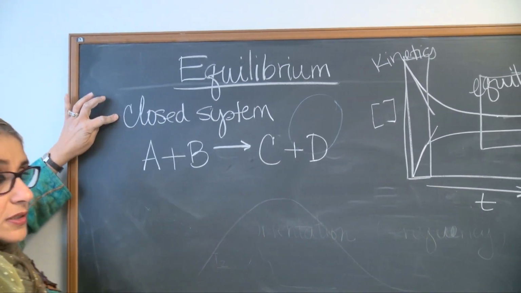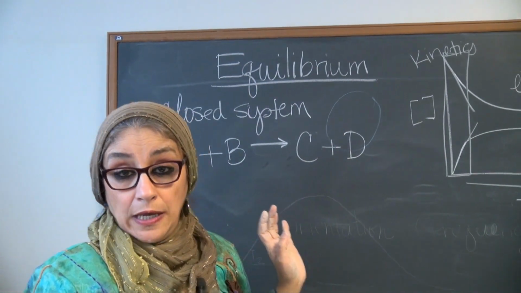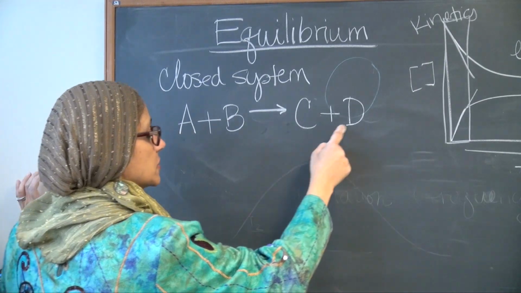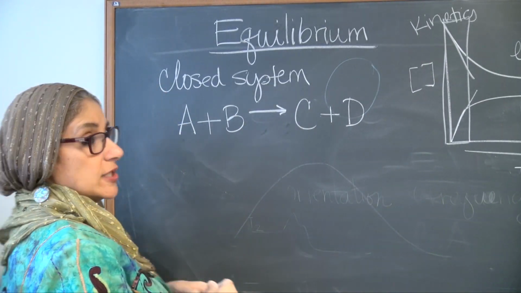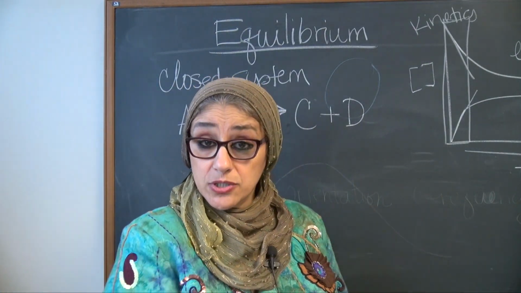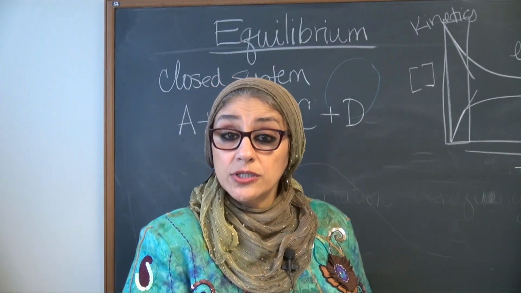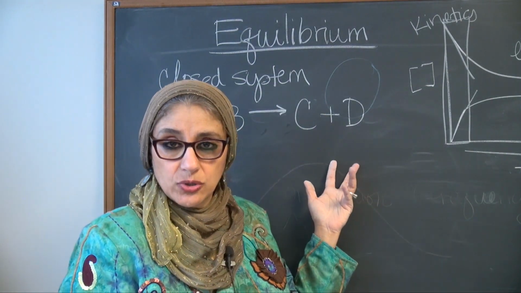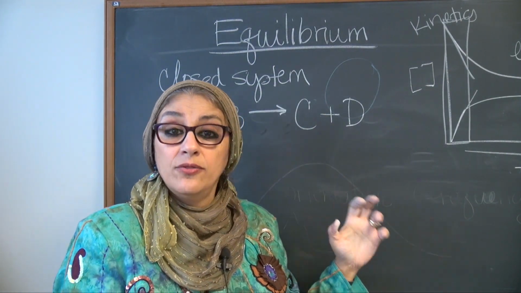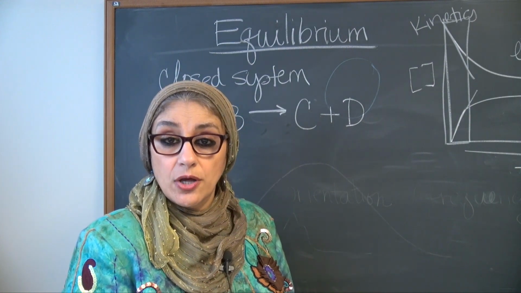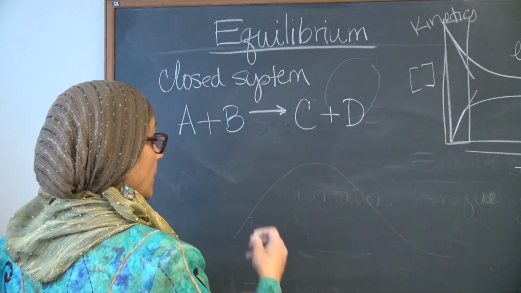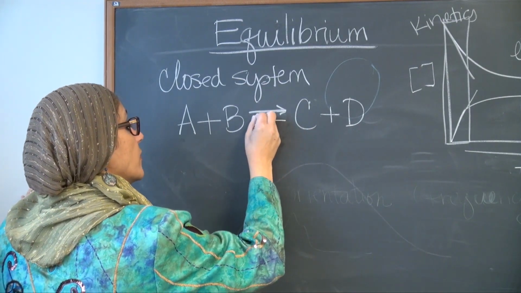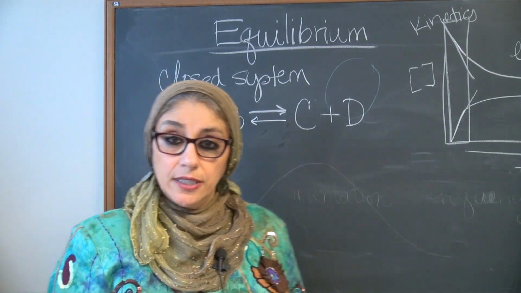In a closed system, so everything is contained, if we have this reaction of A plus B goes to C plus D, as the reaction proceeds and keeps going to give products, there's going to come a point in the reaction where we now have so much product built up in this closed system that the products can be colliding with each other as well, since they are in high enough amounts for the reverse reaction to also be taking place.